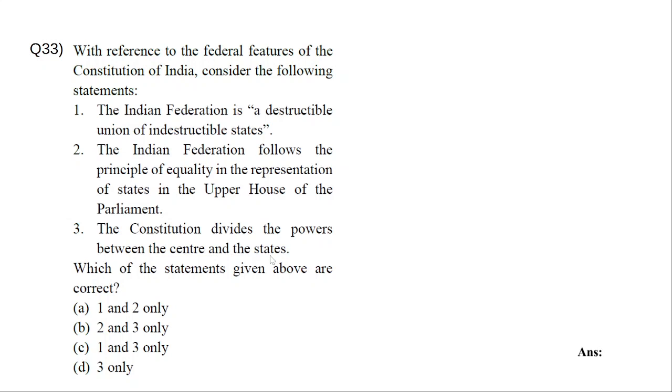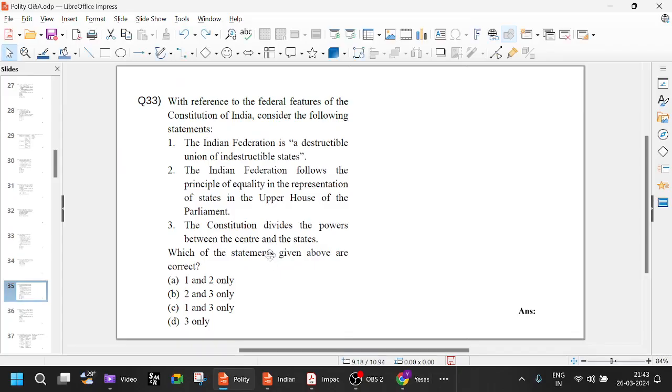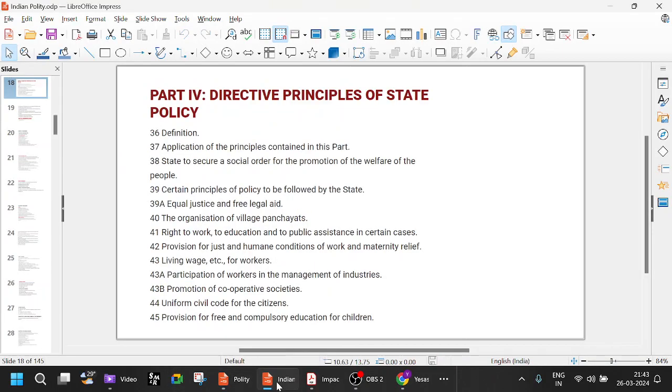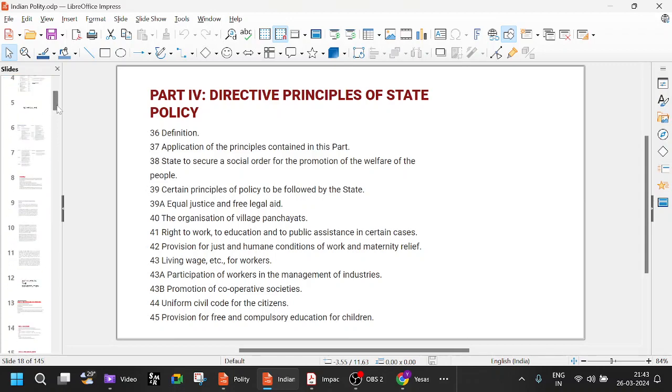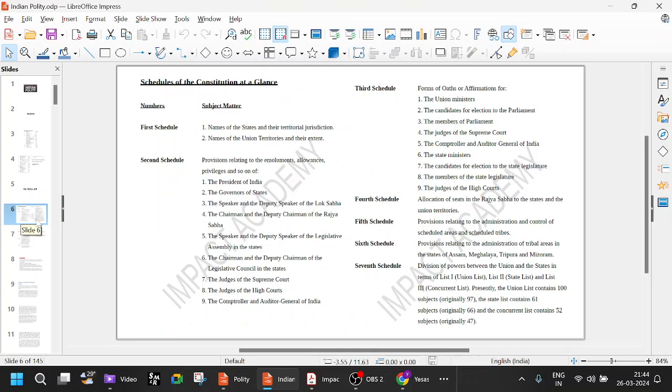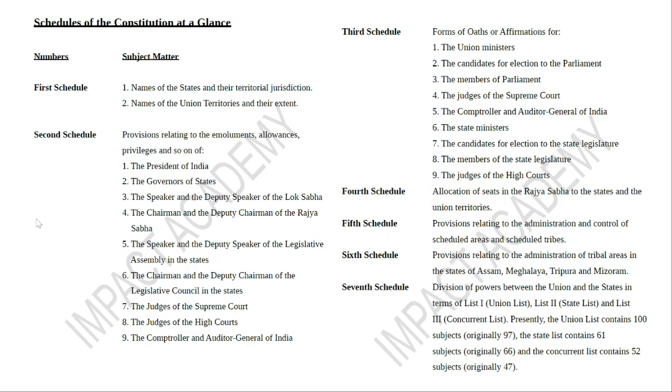So just some time back we have seen Schedule 7, right? And also let us quickly see the fourth schedule. We are talking about Rajya Sabha allocation of seats.